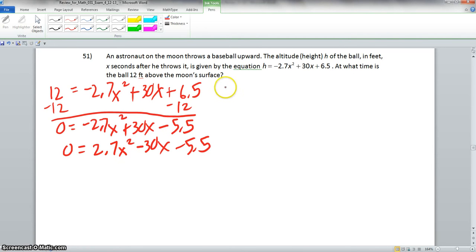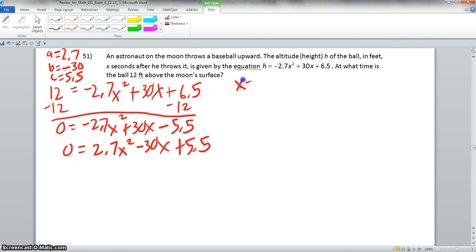Now we'll use the quadratic equation. We know our a here is 2.7. Our b is a negative 30. And our c is 5.5.